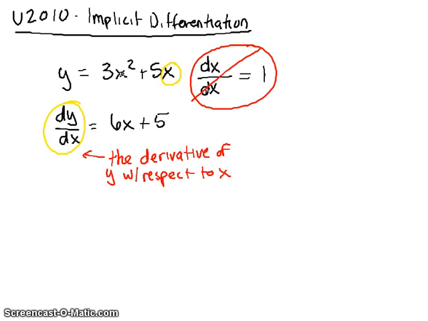So the reason I'm pointing that out is implicit differentiation is how we differentiate implicit functions. So a function that might be written like 3y squared plus 7 equals 5x plus 2. So we don't have just y equals like we're used to having.